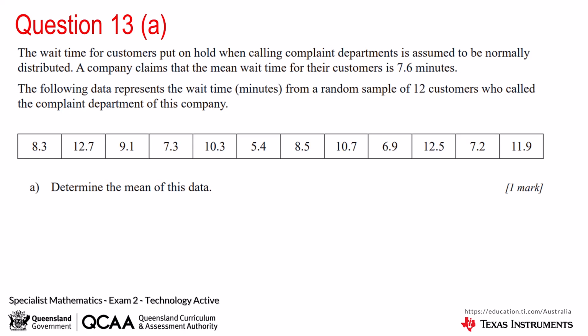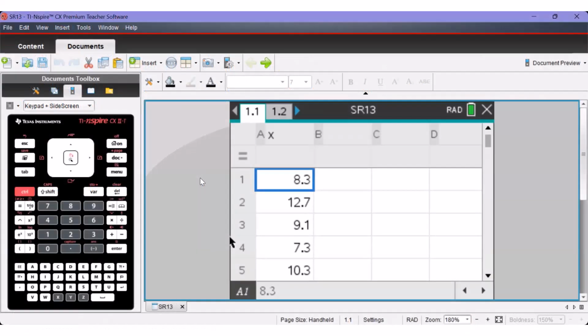Part A asks us to determine the sample mean wait time from this sample. What you can see on the screen is I've already taken the liberty of entering the data into a list and spreadsheet application.